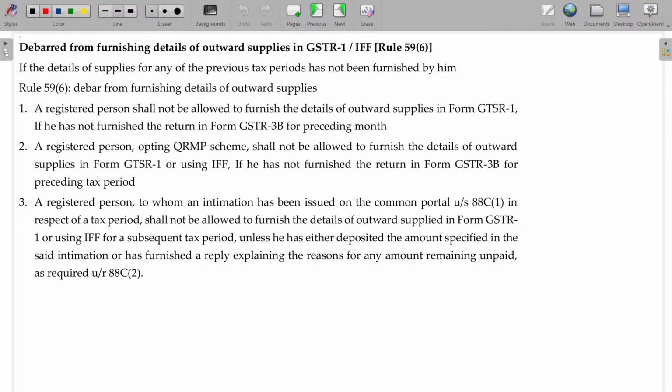Debarment from furnishing the details of outward supply in GSTR 1 and IFF: when you are not allowed to file the details under GSTR 1 or IFF.